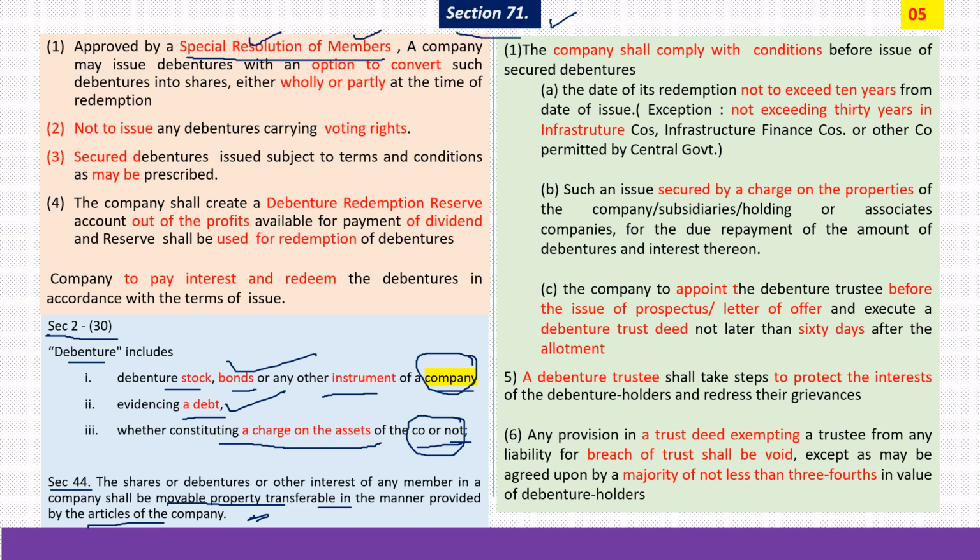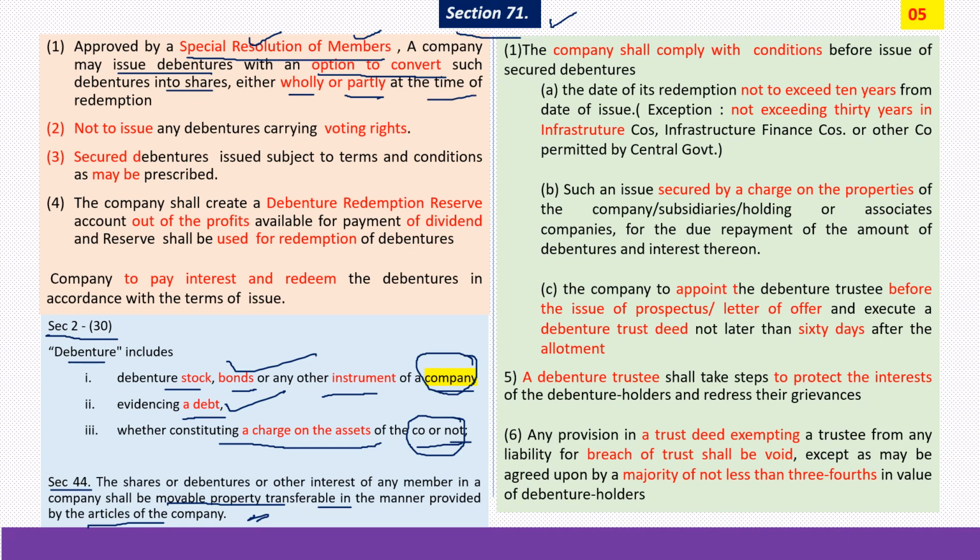Then it goes on to say the debentures can carry an option to convert, means it can be convertible debentures which can be converted into shares, and the conversion could be full or part at the time of redemption.